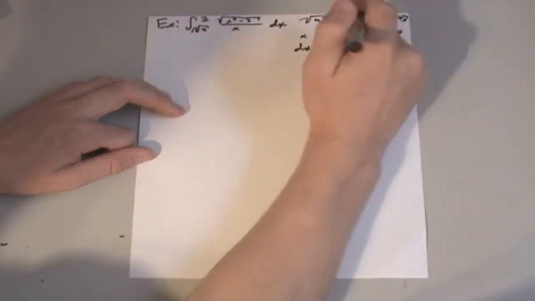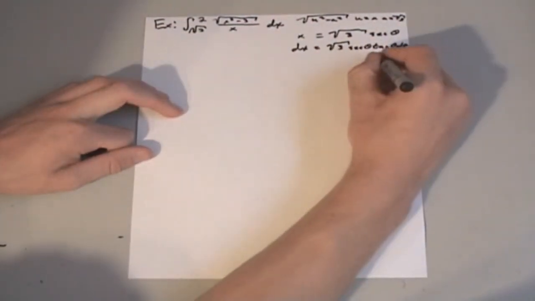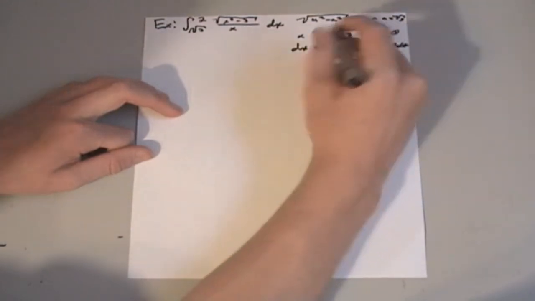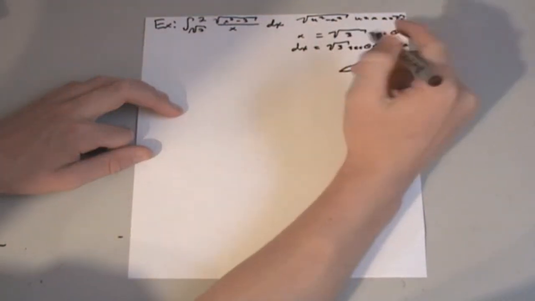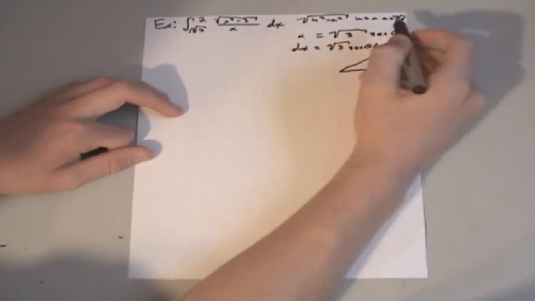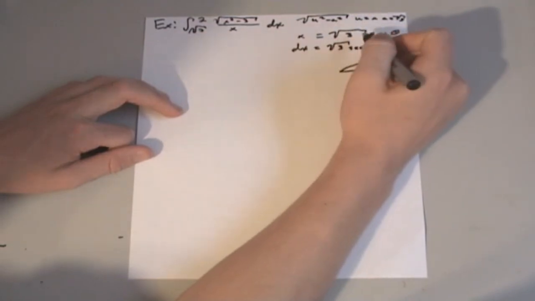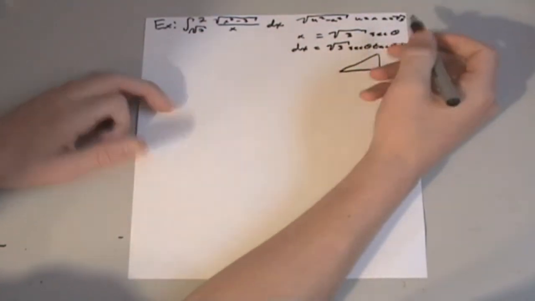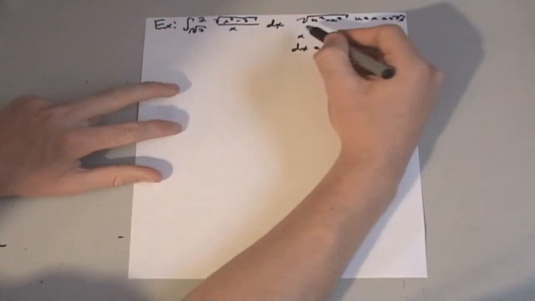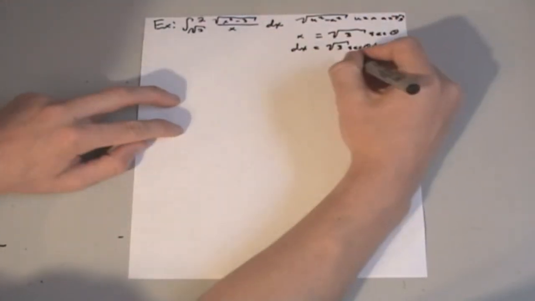Now we need to find something to replace for the square root of x squared minus 3. I'm going to draw a triangle now. In this case, we're going to need to find the third side. Since we know, by rearranging this, that secant theta is equal to x over square root of 3, if we flip that to make a cosine, which more people know, it would be square root of 3 over x, which is adjacent over hypotenuse.